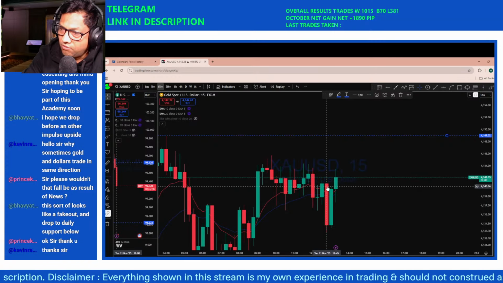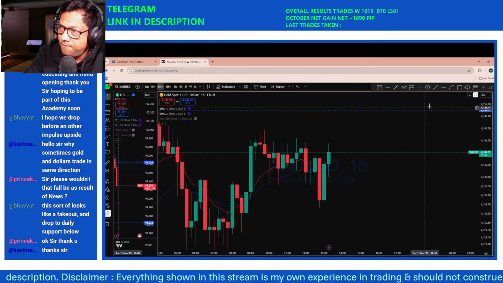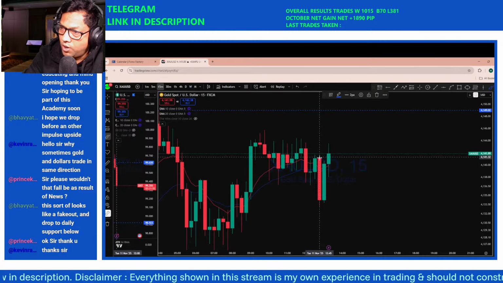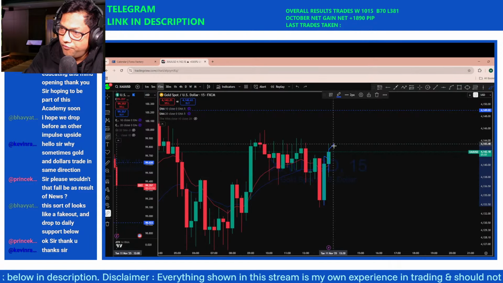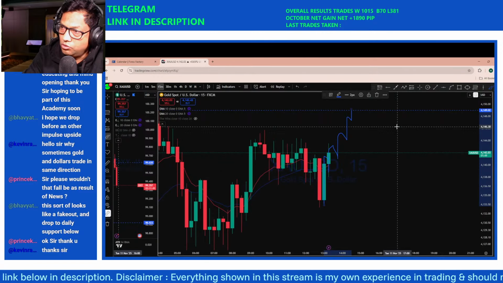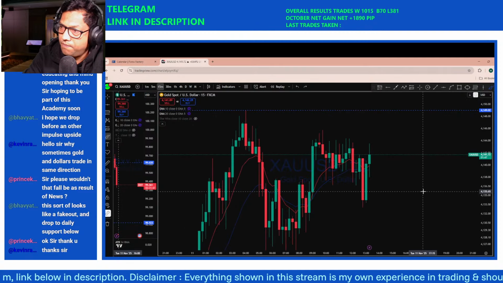So this red candle that you can see has broken that support and then bounced off to continue to rise again back above.